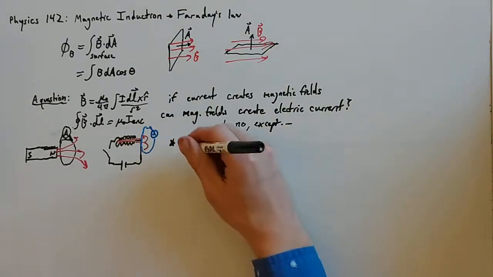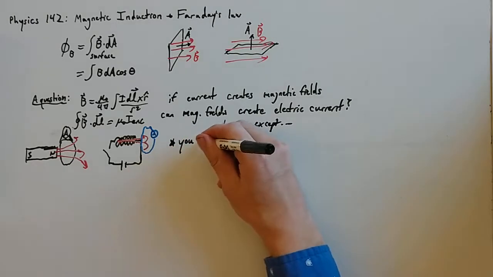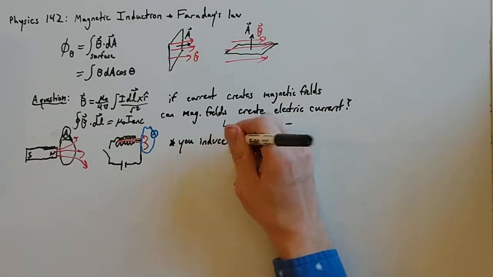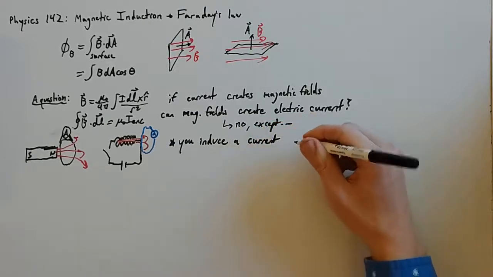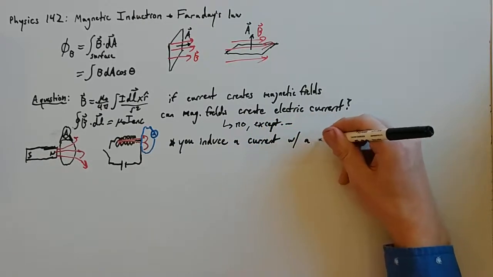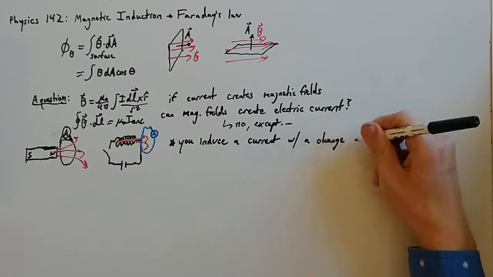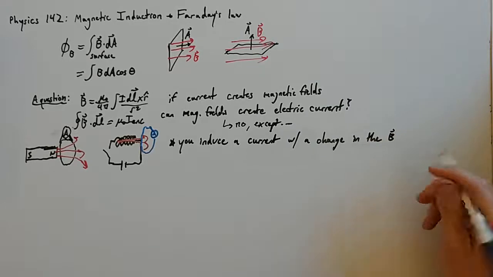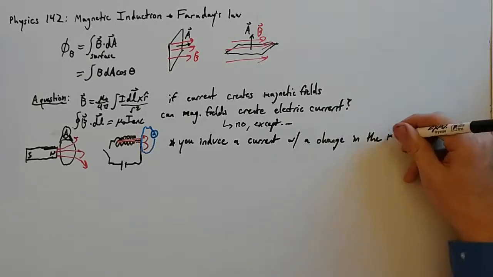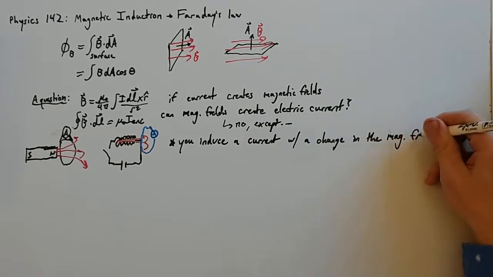What we write down is that you induce a current with a change in the magnetic field.